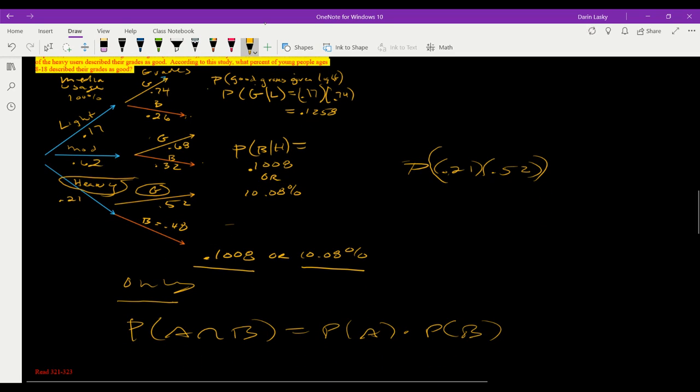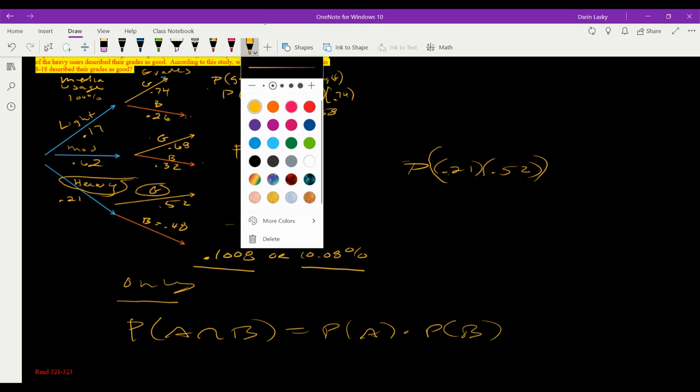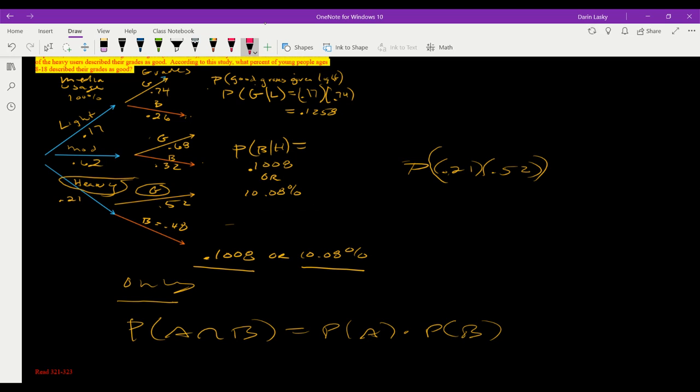So we'll go back. The whole idea is that we need to follow this trail right here, because this is the heavy users that get good grades. We also need the probability that they're medium users that get good grades, plus the probability that they're light users that get good grades, plus the probability that they are heavy users that get good grades, because that's the total of getting good grades. So we have all three to work out.